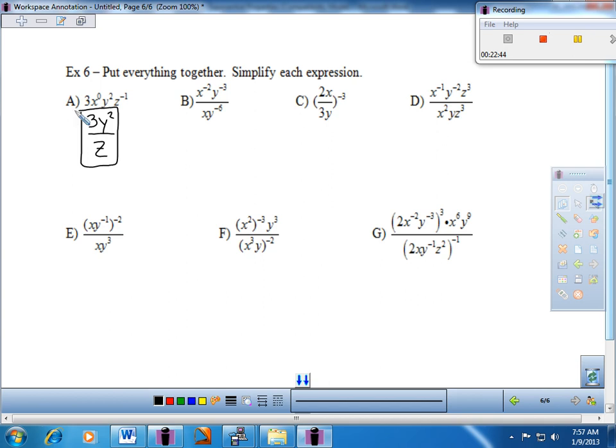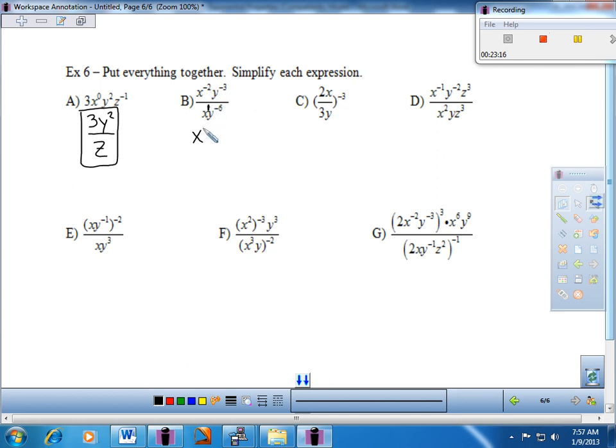All right, now letter B. I put a little 1 right in there. That helps me. So when I see just a variable by itself and I'm dealing with exponential properties, I'll put a little 1 in for the exponent. So now what I'm going to do is divide the 2 powers, base x, and I'm going to divide the 2 powers, base y. So when I divide powers, I keep the base, and I subtract the exponents.